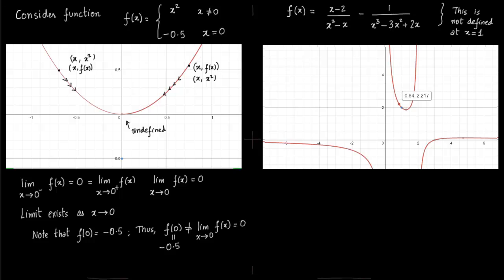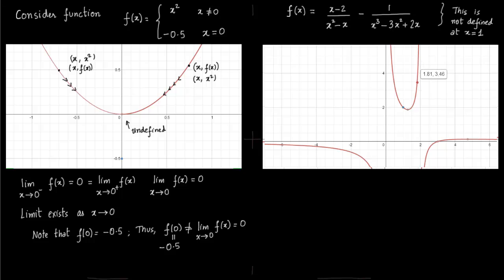From the negative side, f(x) is becoming 2, and at 1, it is not defined. Similarly, when you approach 1 from the positive side, you can see f(x) is also becoming 2. So as we get closer and closer, it becomes 2.